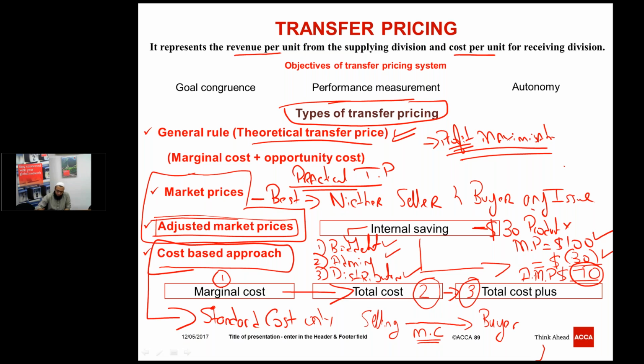So yes, this seems to be the most appropriate of all, total cost plus, because it includes the profit element, and that profit element will be negotiated between the two divisions, but it seems to be a good option. So these were the remaining transfer prices that we had discussed in the transfer pricing case, and the best seems to be total cost plus.